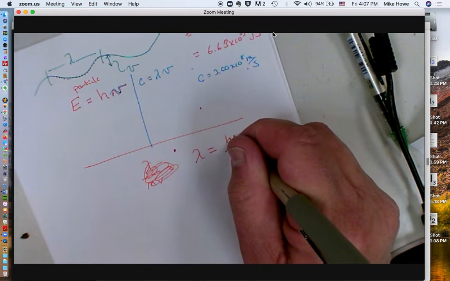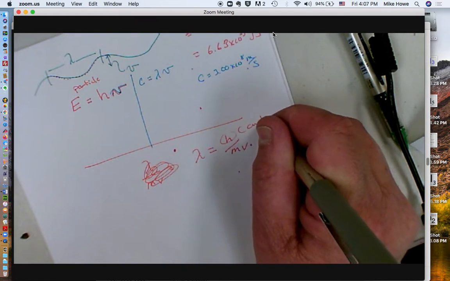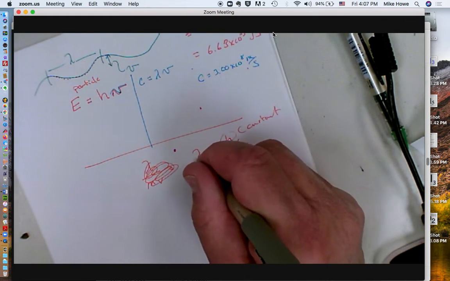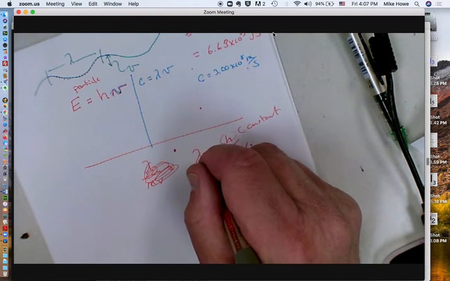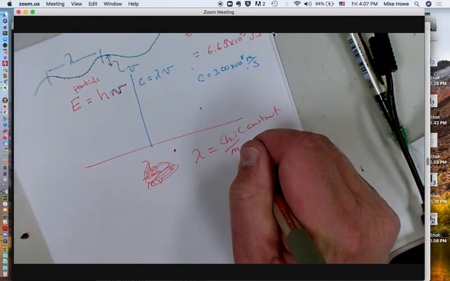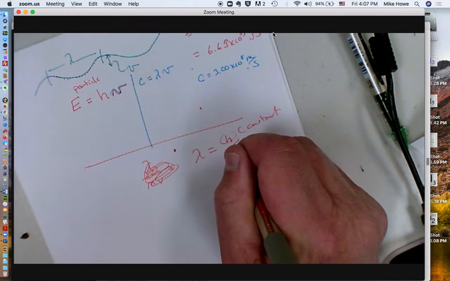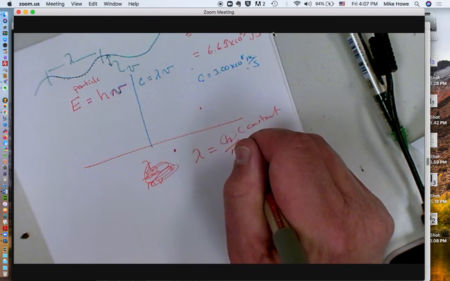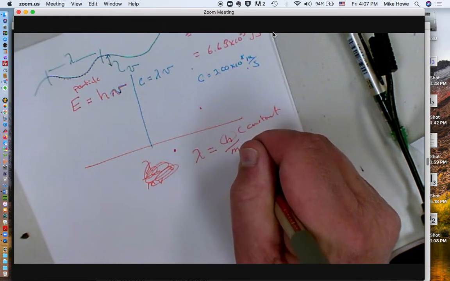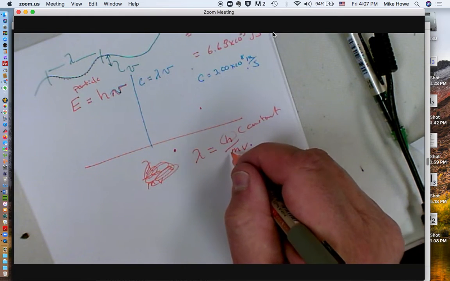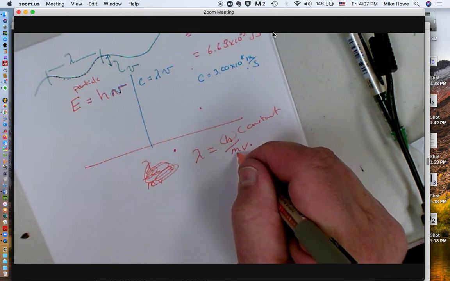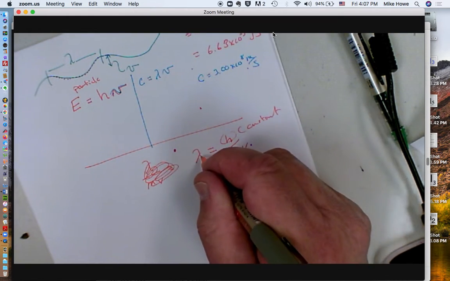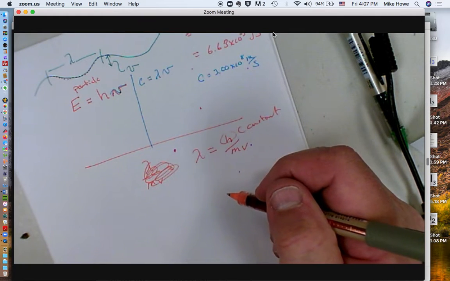So what that means is h is a constant, and the wavelength is equal to a constant divided by mass times velocity. Since that's constant, as the mass times the velocity gets bigger, which is also called momentum if you're into this sort of thing, as the momentum gets bigger, which means as the mass gets bigger, then the wavelength gets smaller.